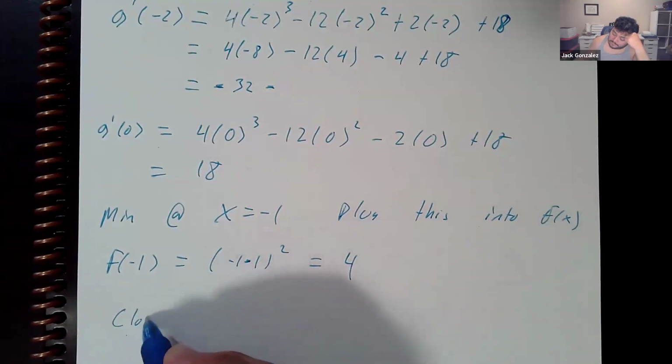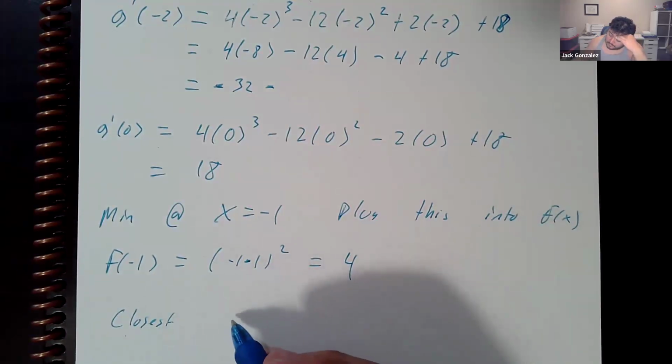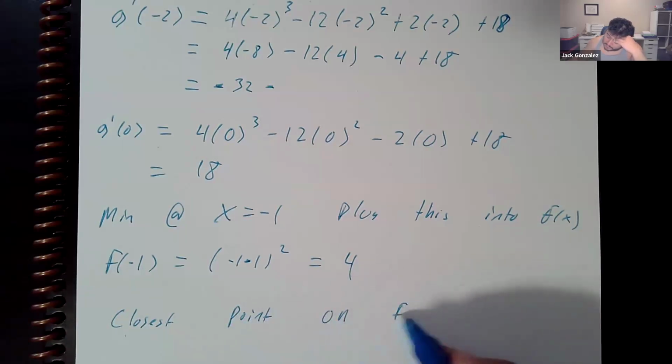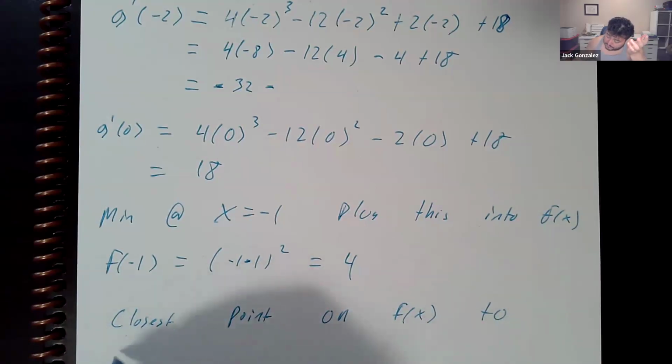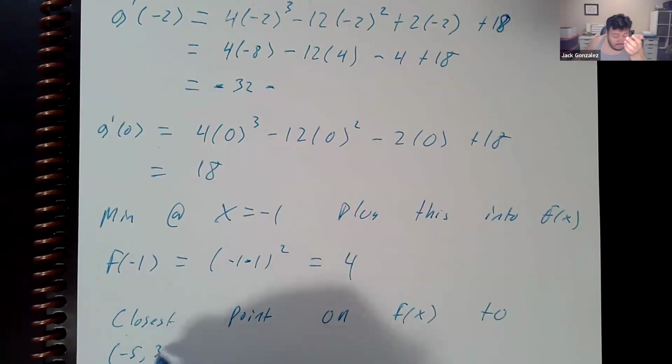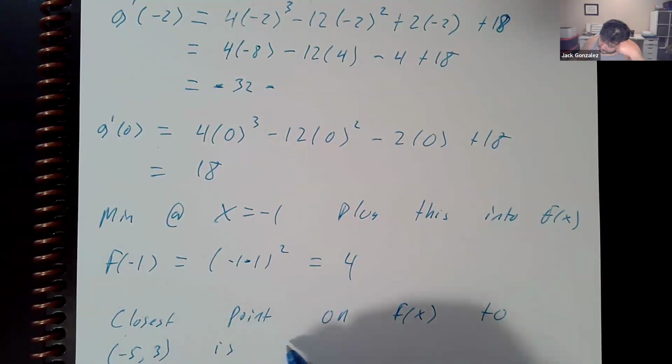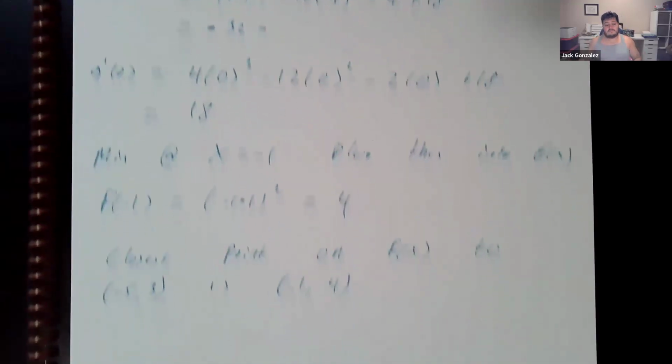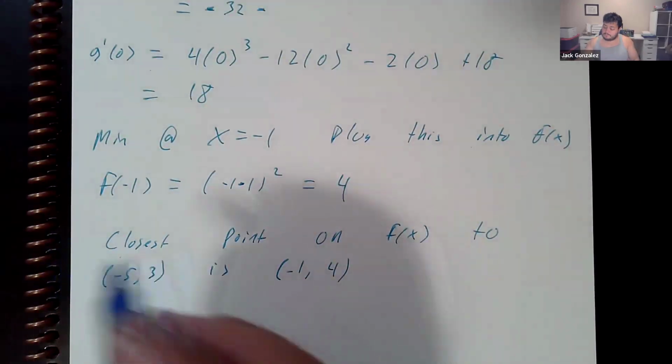The closest point on f of x to the original point -5 comma 3 is -1 comma 4. That's right. This is our answer here.